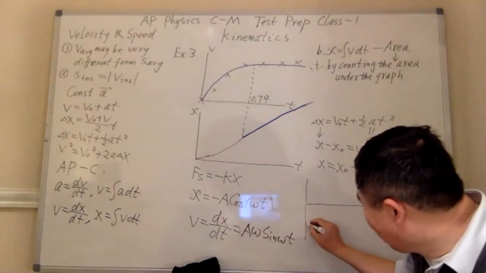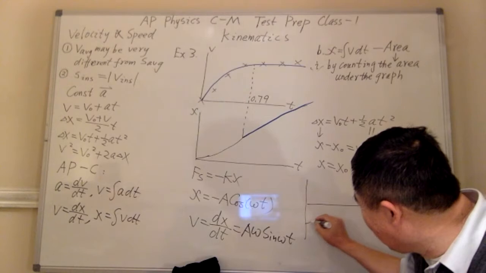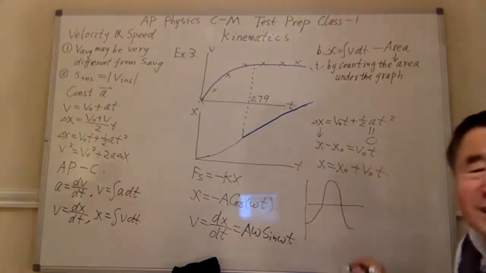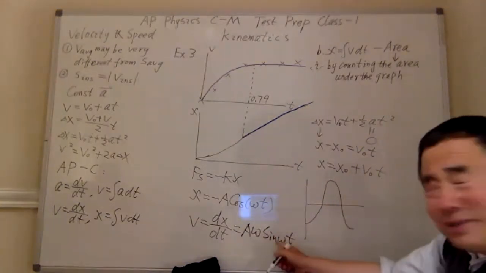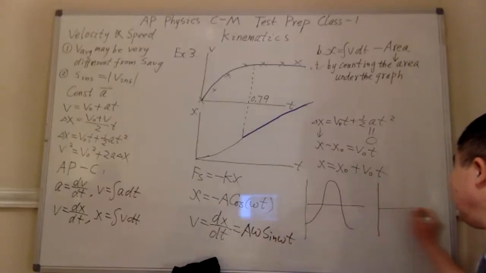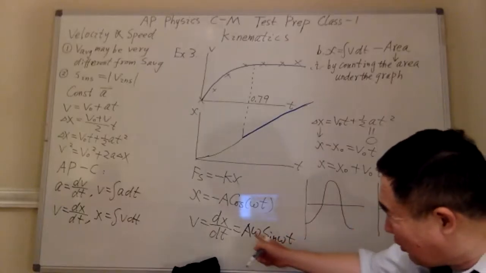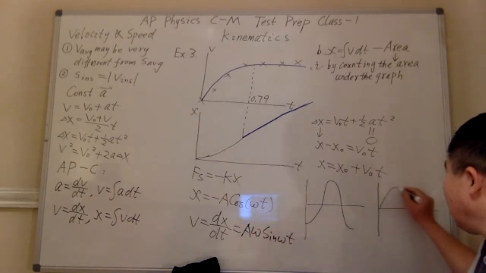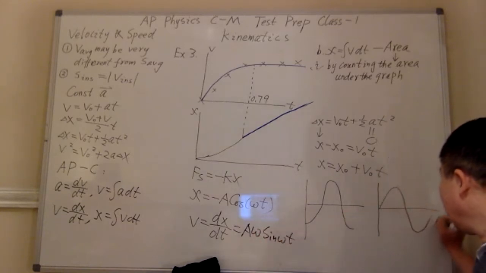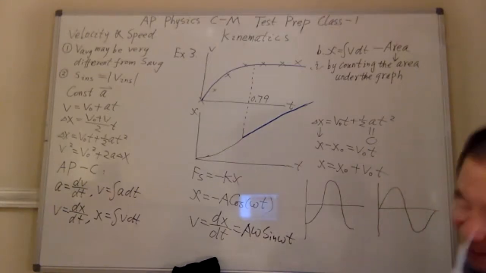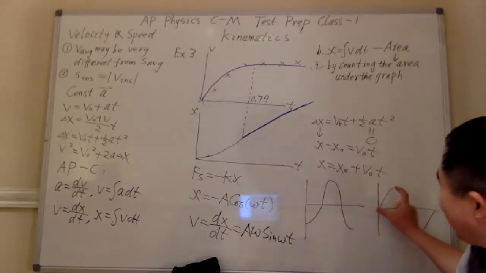The cosine function is like that. Instead, what's the sine function? At t equal to 0 it equals 0. Then the sine function will be like that. This time, I just want to show you this part.